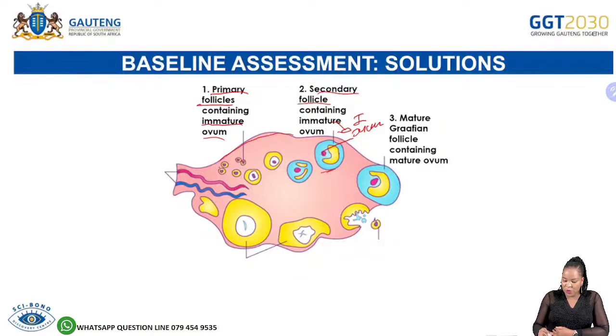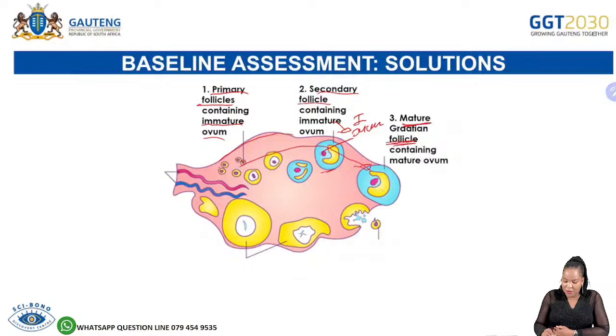When you move to the next one, you see now a much bigger follicle, which we refer to as a mature Graafian follicle. Now this follicle is the one that is mature. When you just say mature, it will give you a point to say, how is our ovum going to be? Because this is a developing stage, our ovum is therefore also developing and it is maturing.